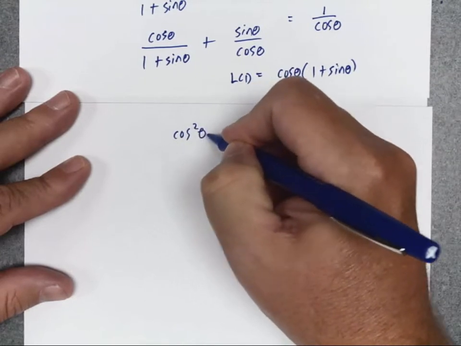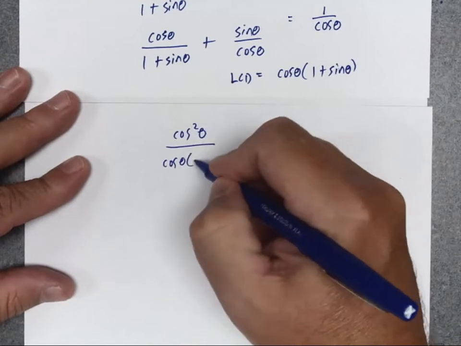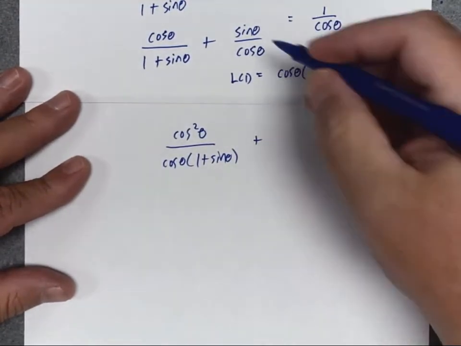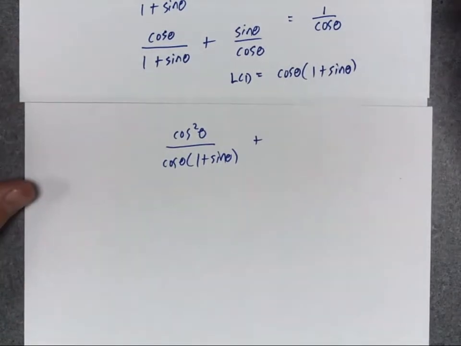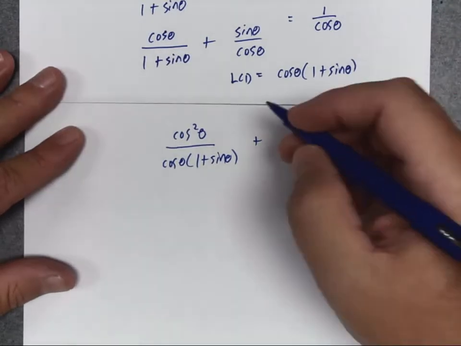So I'll end up having cosine squared theta over cosine theta times 1 plus sine theta. And for the second fraction, I need to multiply the top and the bottom by 1 plus sine theta.